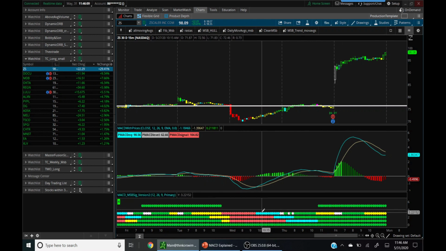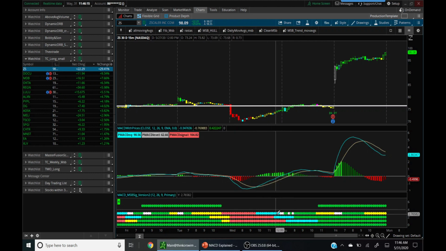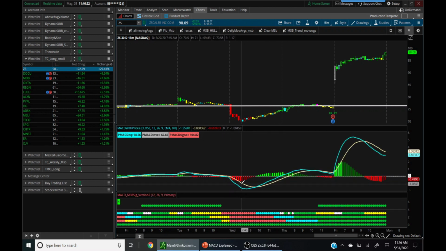Okay. Now you get this cyan line when the MACD has crossed the average, but it is below the 0 line, right? And finally, these red are the bearish conditions that we talked about, which is below 0, below the moving average, right? Now, there are three possible scenarios, right?